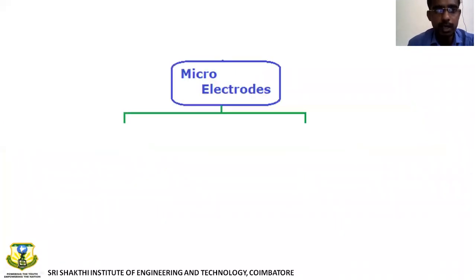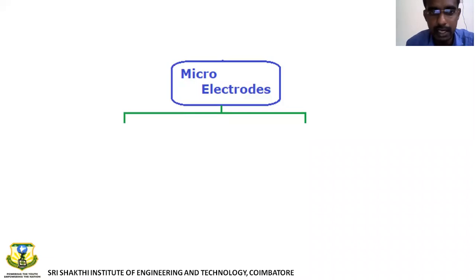So the first one is microelectrodes. As the name indicates, micro means small. It is 10 to the power of -6, right? The area which is used to pick the signal will be in micrometer or millimeter, or it could be at the micrometer scale.